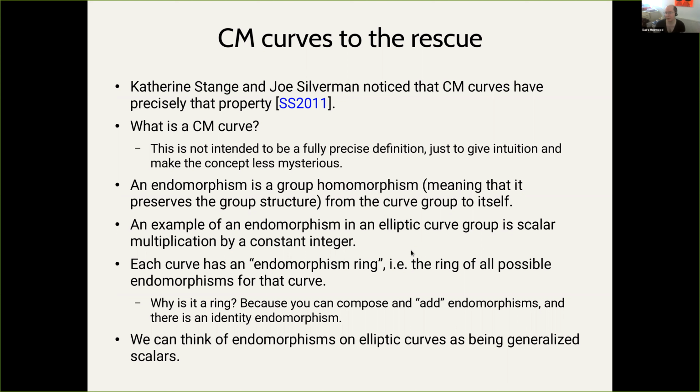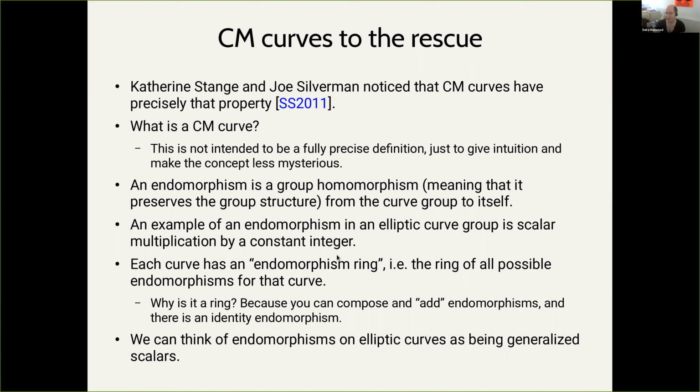And then you can consider the endomorphism ring, which is the ring of all possible endomorphisms for a given curve. And this is a ring because you can compose the endomorphisms as functions, you can add them, and there's an identity, so it forms a ring.